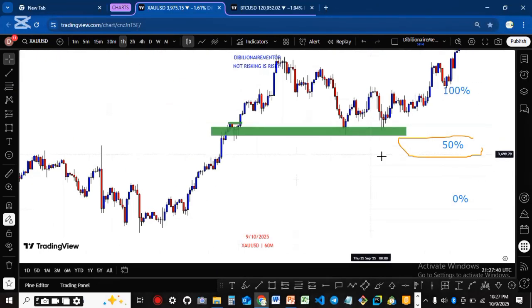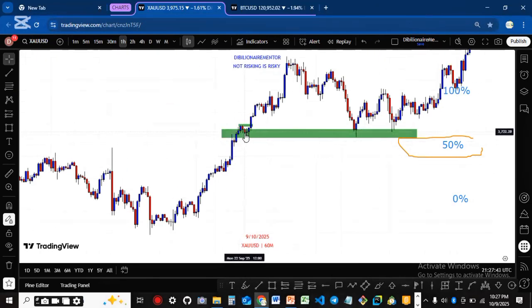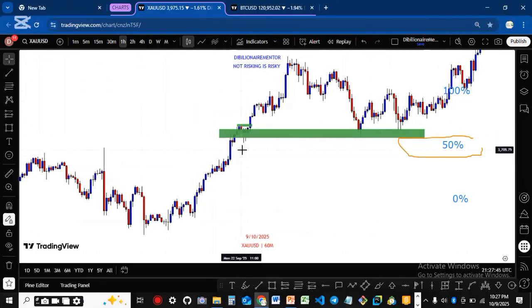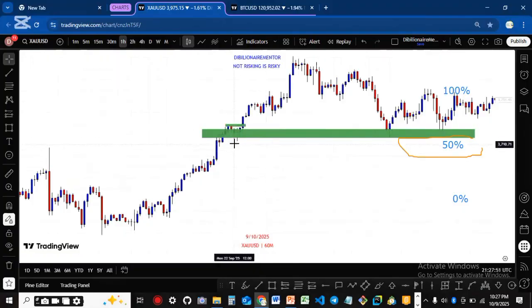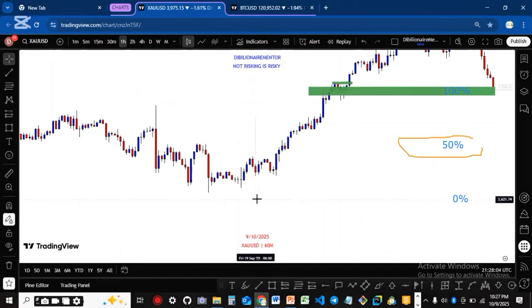When you see that, after this rejection, hope you can see this rejection candle, this candle here. When the candle has formed here, we see that, okay, this is the highest point here. Once price started rejecting to the upside, started going to the upside, you have another rejection candle here.